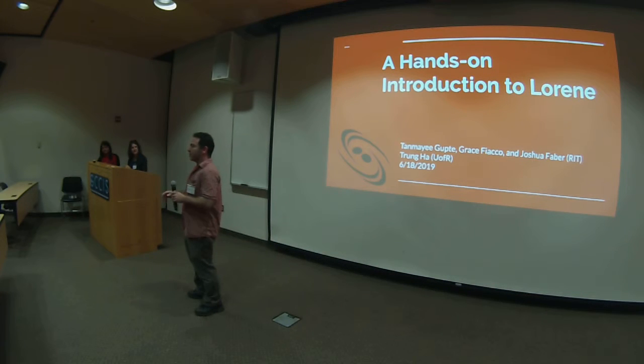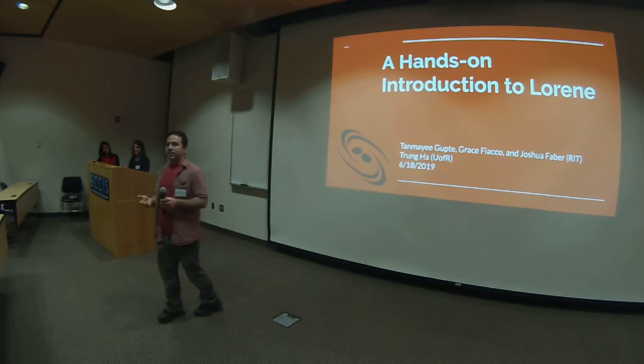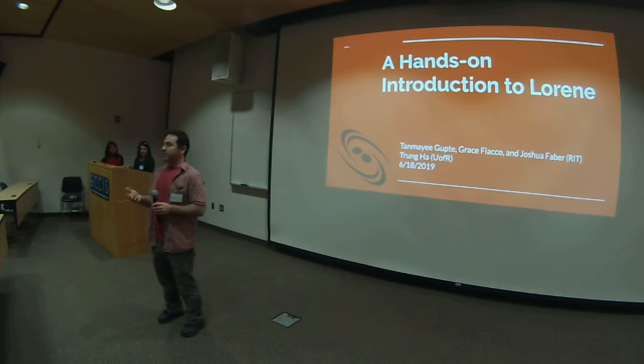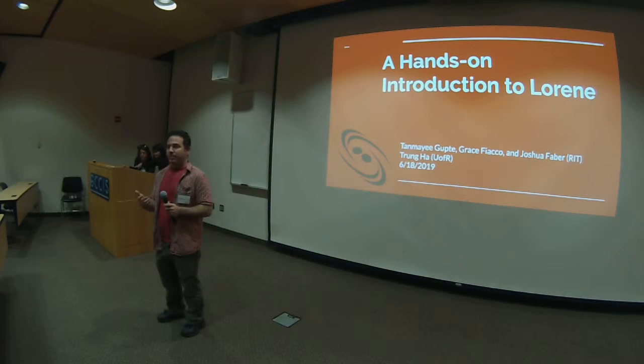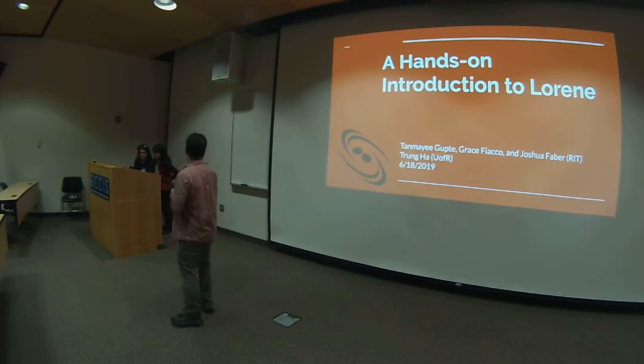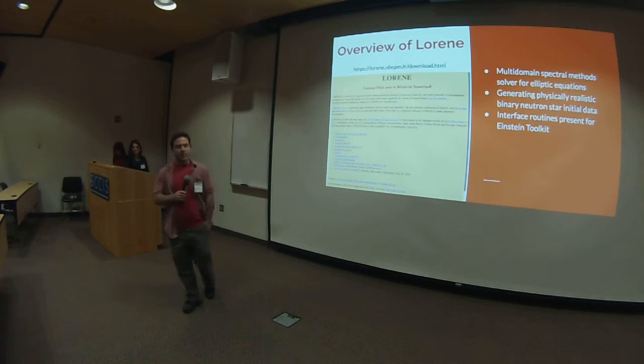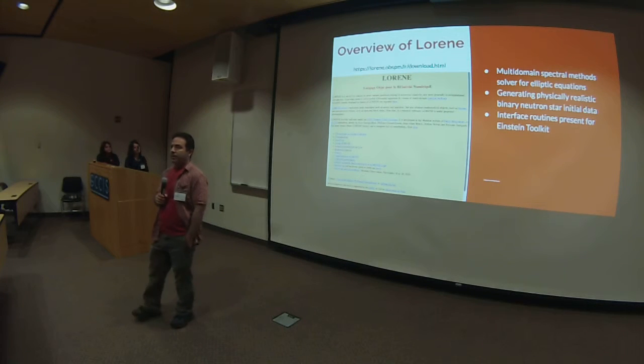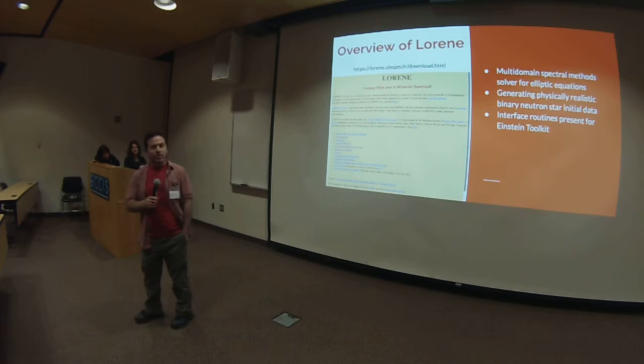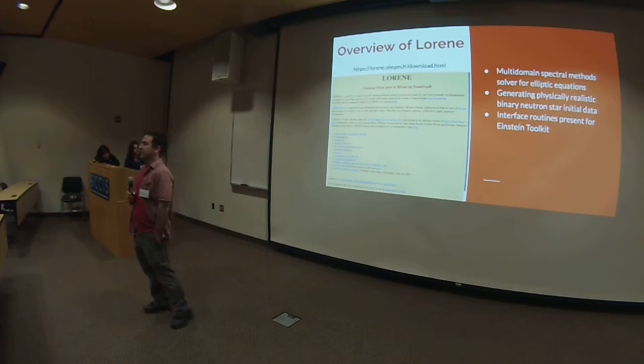So before we show off how to actually use Lorraine, it's probably worth explaining a little bit about the underpinnings of Lorraine, just so everyone's on the same page and just to get an idea of what's going on under the hood. Lorraine is a fairly well-established code by now. The original work dates back about 2001.